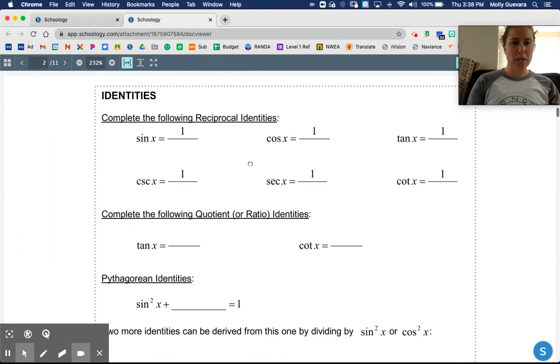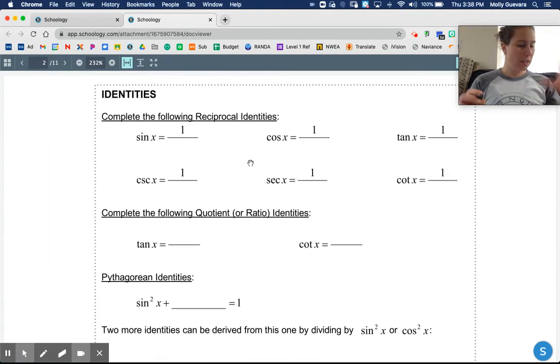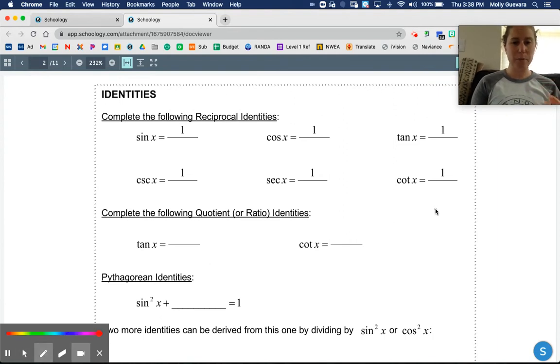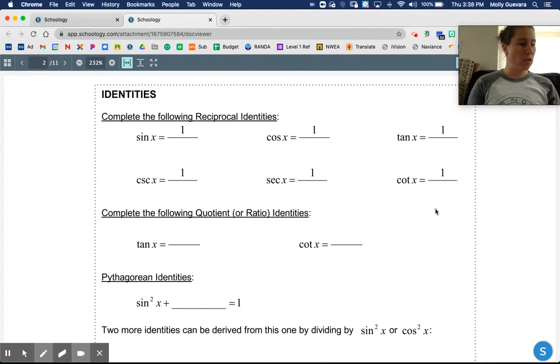so we're going to go through and we're going to just put all of our identities here just in one spot. Okay, so our reciprocal identities, we already know this. More importantly, like we start with the lowers, like cosecant of x is 1 over sine of x. Right? Which means sine of x is 1 over cosecant of x.